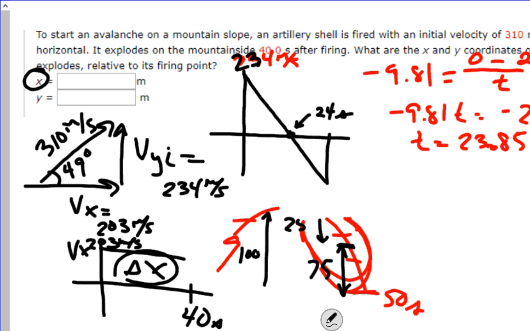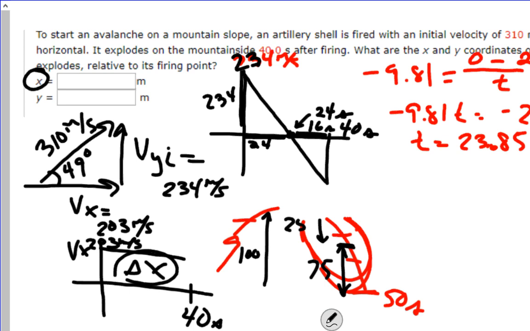And then we're somewhere over here, right? So 40 seconds here. So that means that this length is what, 16? Yeah, 16. That's good. I know the length of that part of the triangle, right? This part of the triangle is 24, and this height is 234.